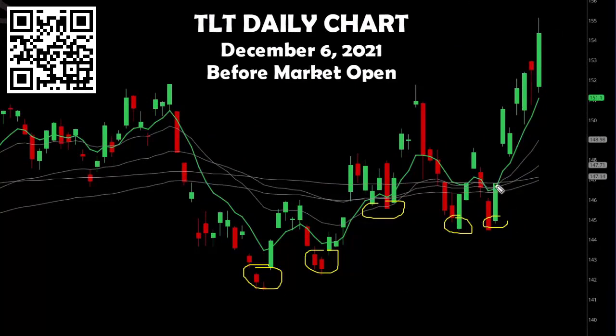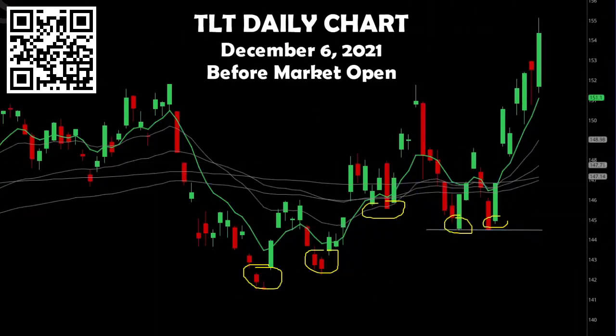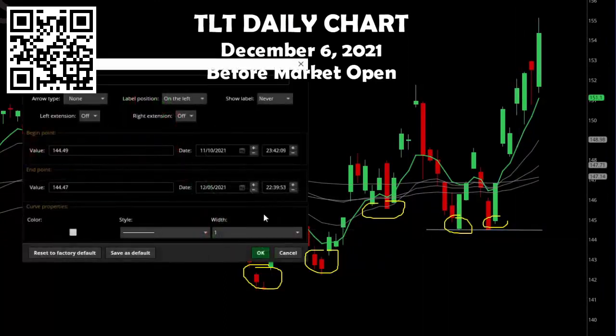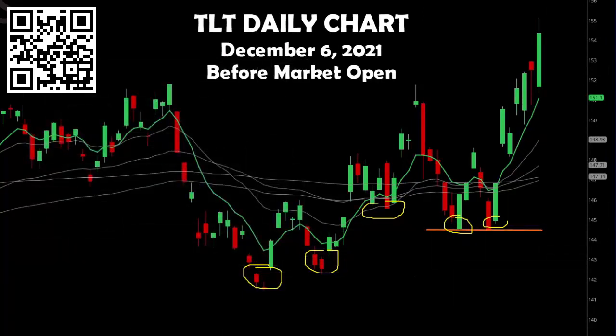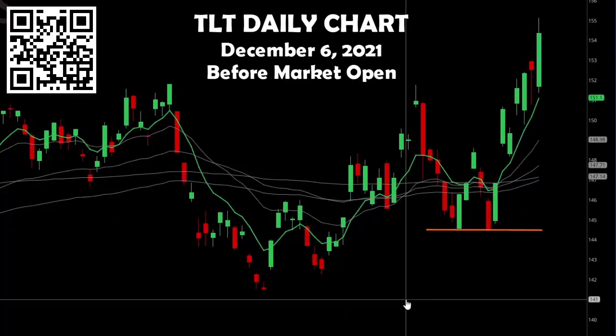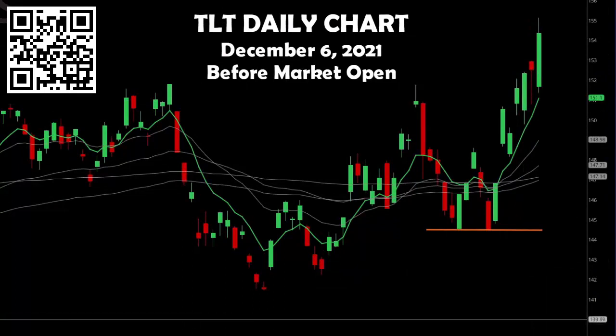Those are very important levels, but let's look at the last levels of support. We have a strong support here, and another strong support here, and we start putting some levels to guide us. That was the last one, and from there we had a big move up.